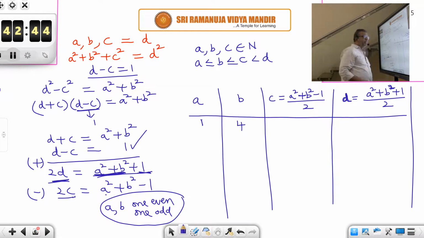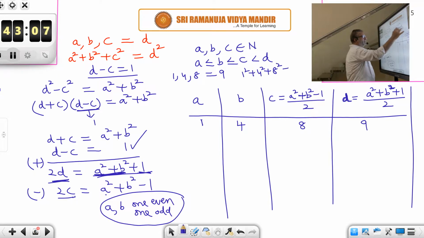So 1, 4 means c is what? 1 square plus 4 square, 17 minus 1 gone, 16 by 2, 8. And d, just add another 1, you will get 9. So 1, 4, 8 is equal to 9, means 1 square plus 4 square plus 8 square is equal to 9 square.